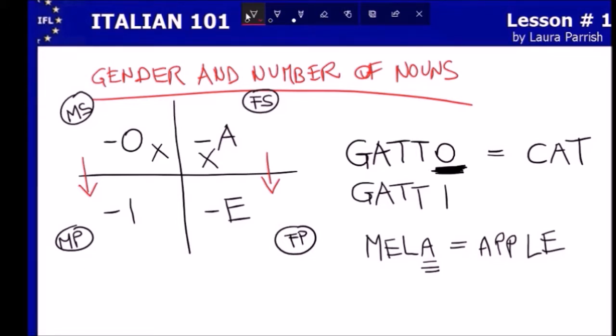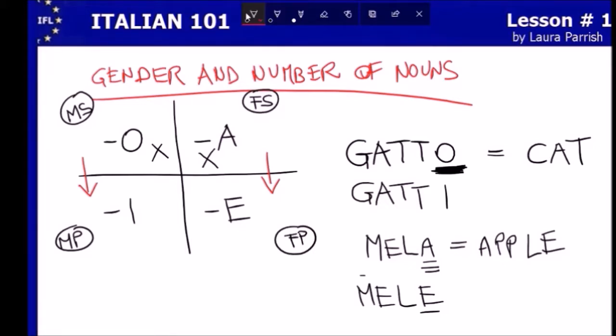We substitute the last letter of this feminine singular noun with the ending of the feminine plural, that is E. So the plural of mela will be mele. This is the way it works. In English it is much simpler because you add an S to make the plural. Instead, in Italian, you do it this way.